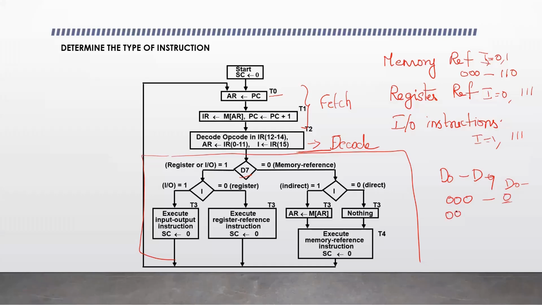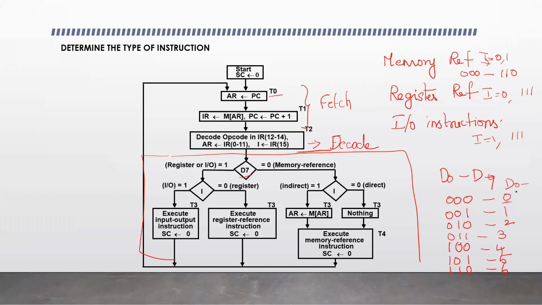When it is 0, 0, 1, it is 1. 0, 1, 0, it is 2. 0, 1, 1 is 3. 1, 1, 0 is 6.